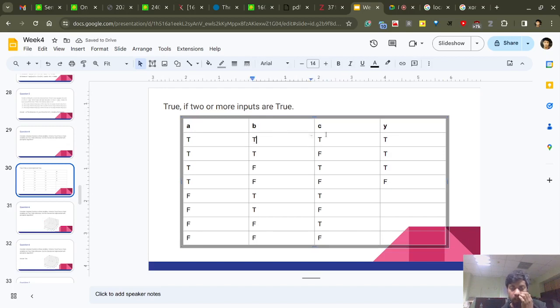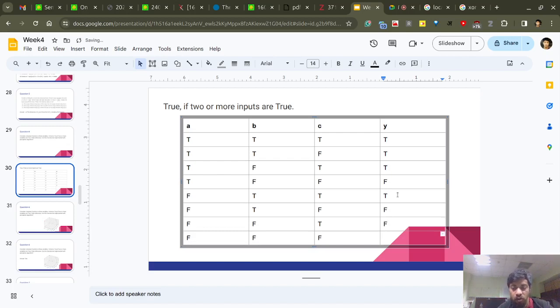Here three of them are true, so I am writing true. Two of them are true, writing true. Two of them are true, again true. Only one of them is true, so it is false. Similarly here, two of them are true, so it is true. Only one of them is true, so it is false. Here also only one, so false.